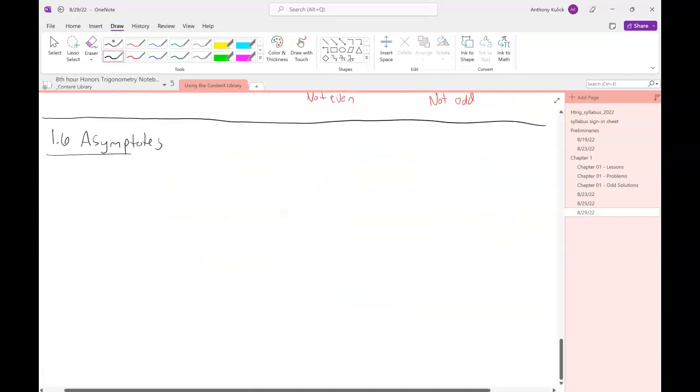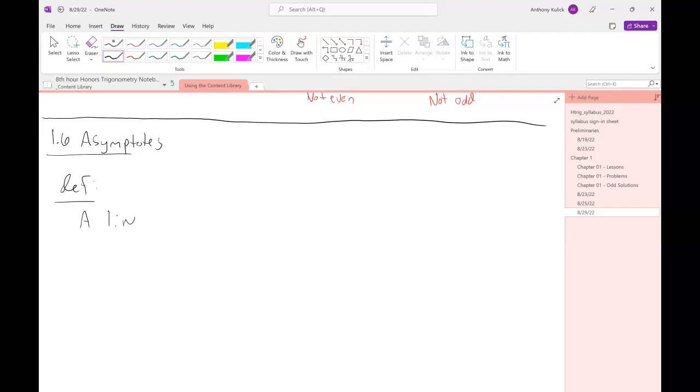All right. Asymptotes. What is an asymptote? Like a line on the graph where it'll approach it, but it'll never hit it.